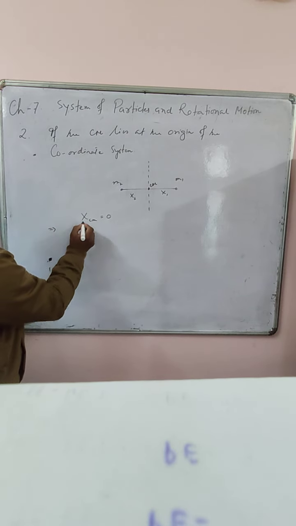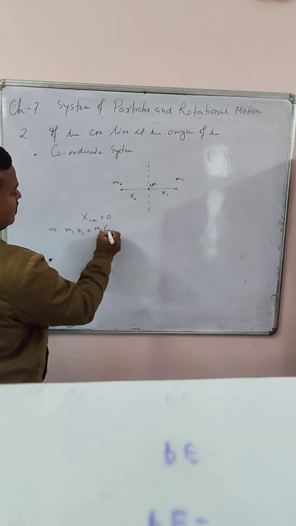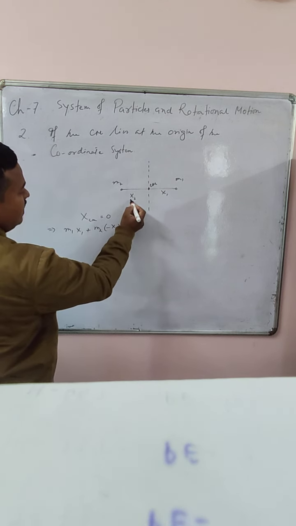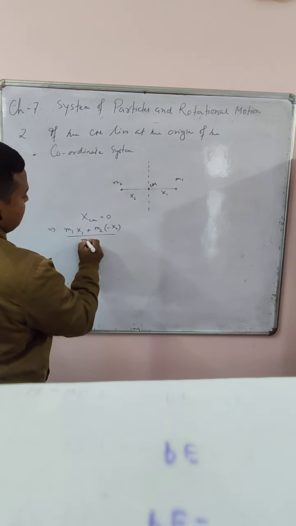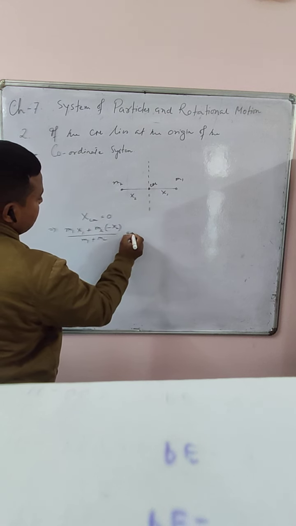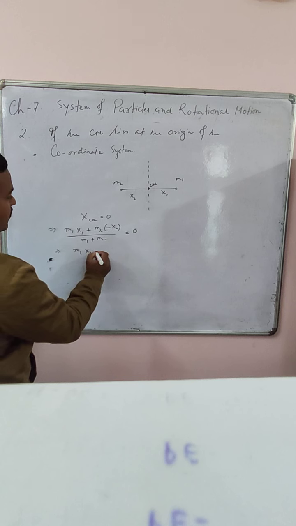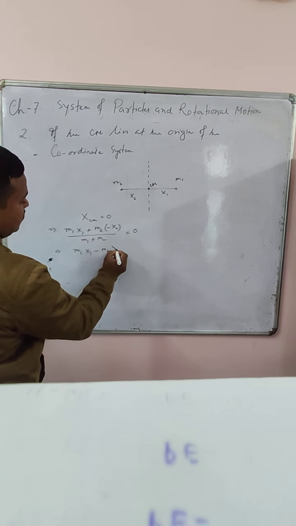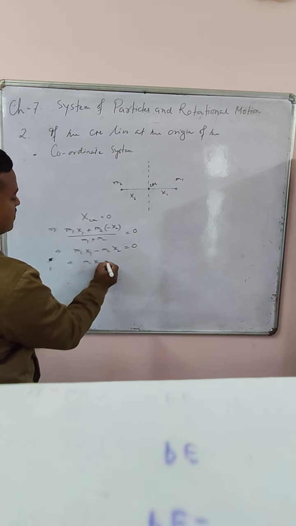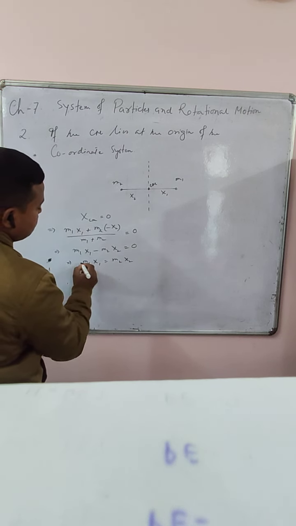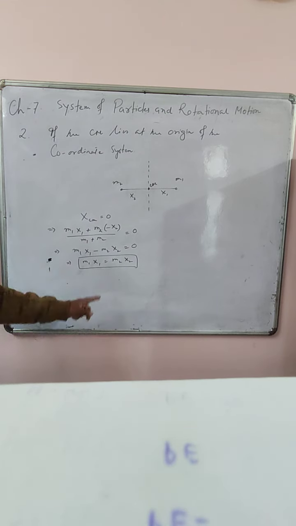Now here you write the formula m1 x1 plus m2 x2. Here we can write minus x2. Why have I taken minus x2? Because it is on the negative x-axis. So by m1 plus m2 equal to 0, or simply you can write m1 x1 minus m2 x2 equal to 0, or m1 x1 is equal to m2 x2. So this is one of the important relations.